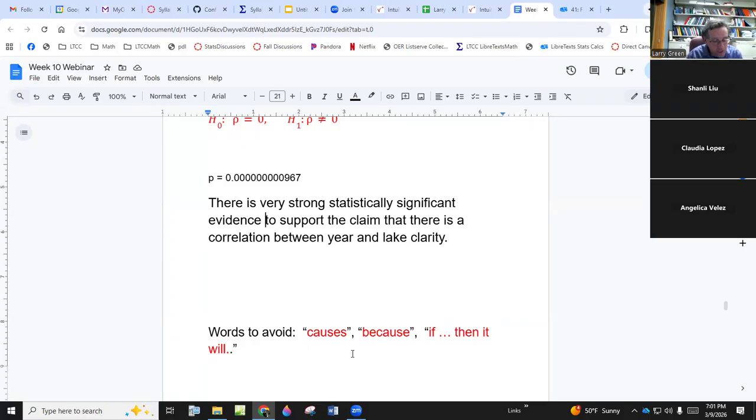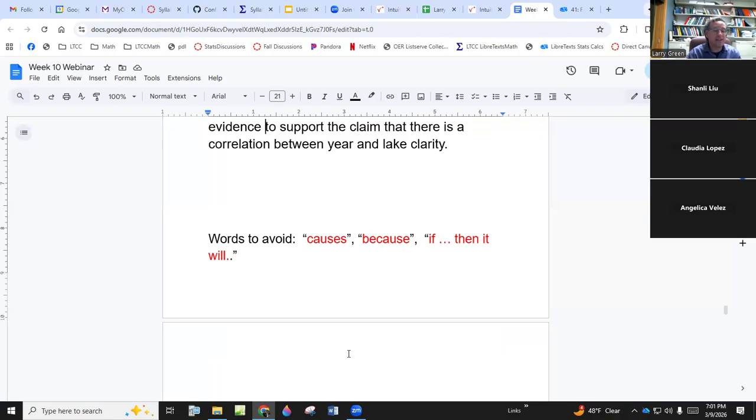Those are really important words to avoid. So the only way to get causation is to also bring science involved too, not just math and statistics. You have to have science. And then sometimes you can talk about cause because of science, but the stats is not enough.